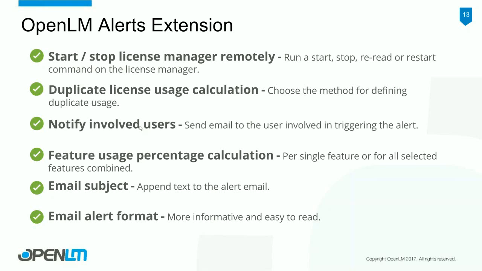The feature usage percentage calculation also changed. Now, when you select multiple features, you can define what you mean by a feature going over 90%. Does it mean all features together, or when a single feature trips the condition, then send an email.